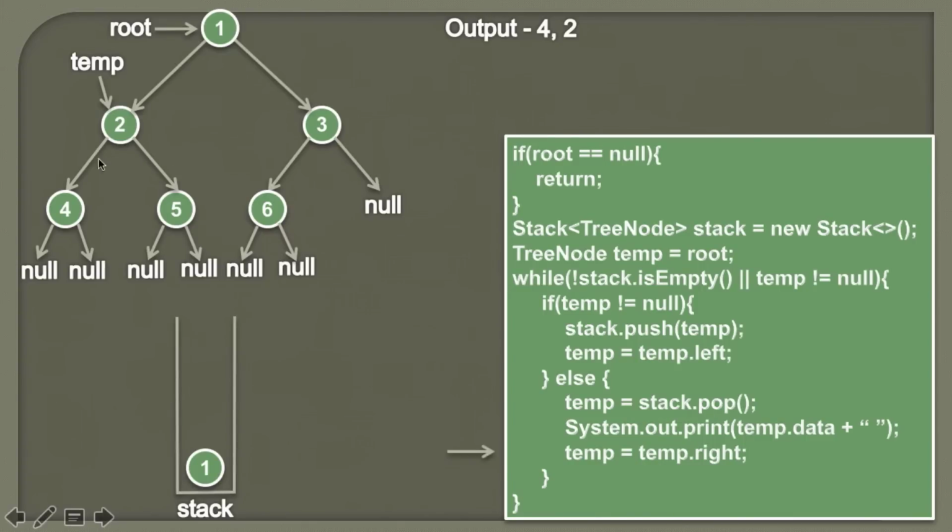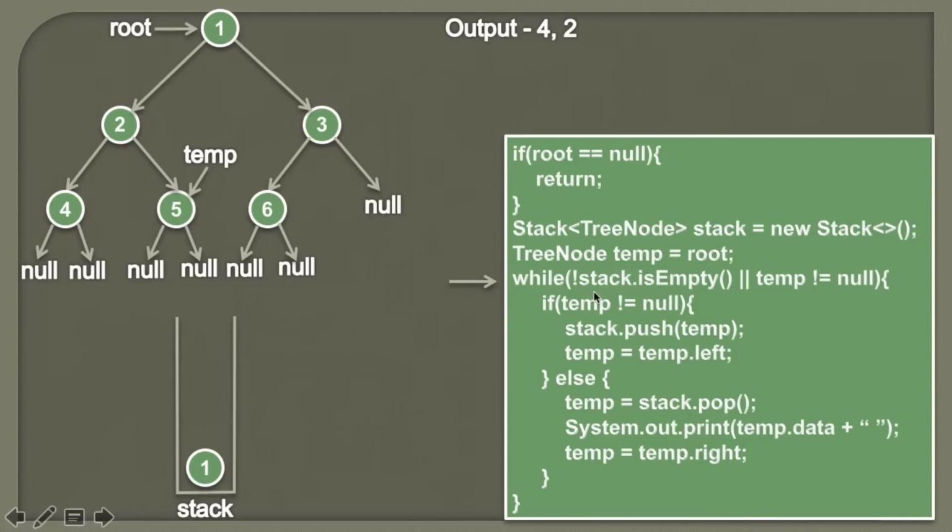As we have visited the left subtree of node 2 and also visited node 2, now is the time we go to its right subtree. Therefore we are simply assigning the temp.right value to temp. It would look something like this. Now temp is pointing to node 5 because it is on the right of node 2. Moving ahead.